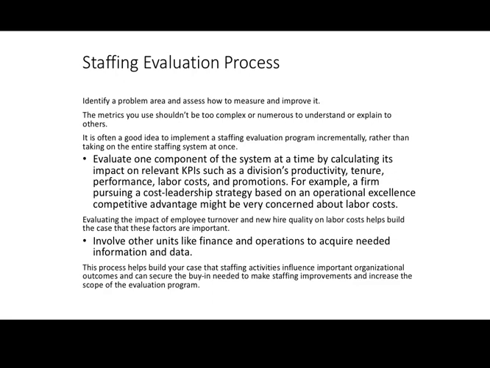So as you can see here, it says evaluate one component at a time by calculating its impact on the relevant KPIs. And again, whether it's productivity or tenure or what have you, get everybody who could potentially be involved in this. Make sure you've got your finance and operations people involved, your accounting people involved, whoever should be engaged in gathering this data.